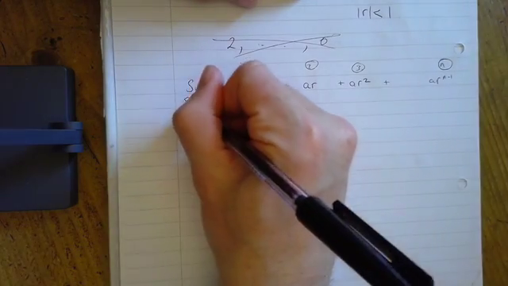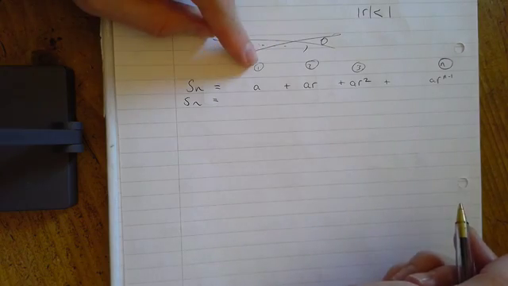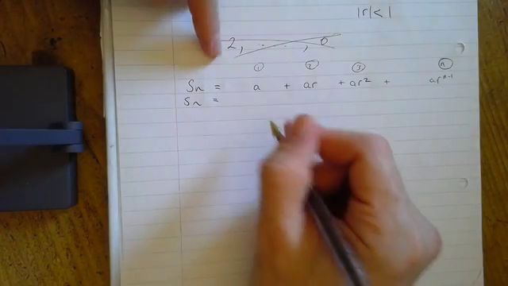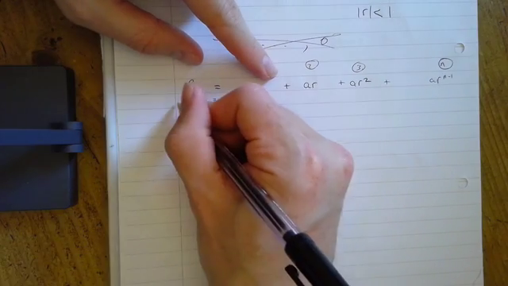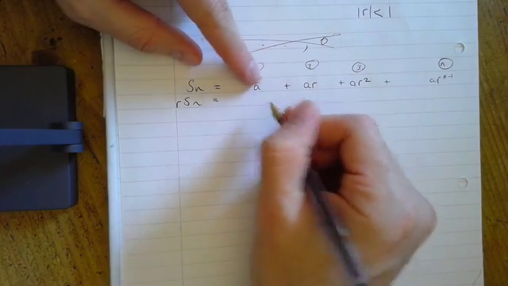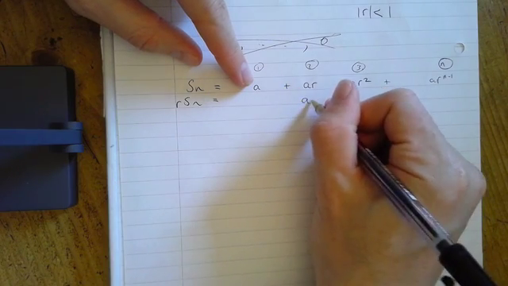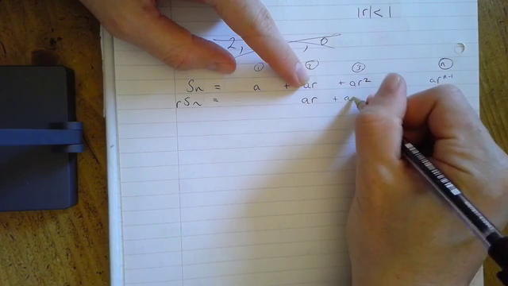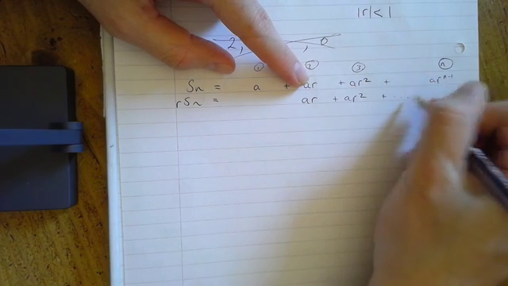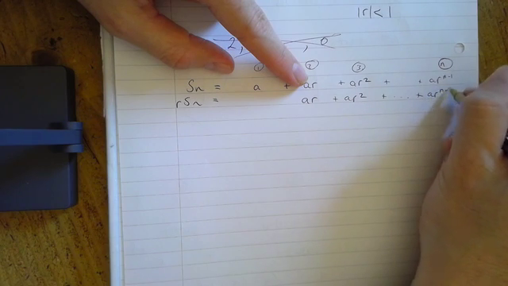Okay, so I'm going to get this sum again. I'm not going to reverse it like I did with APs. But for this one, I'm going to write exactly the same thing, just pushed along a little bit, and I'm going to multiply it by r. So a times r becomes ar, but I'm going to write that underneath ar. Then ar times r becomes plus ar squared, and so on, until we get ar to the n minus 1.